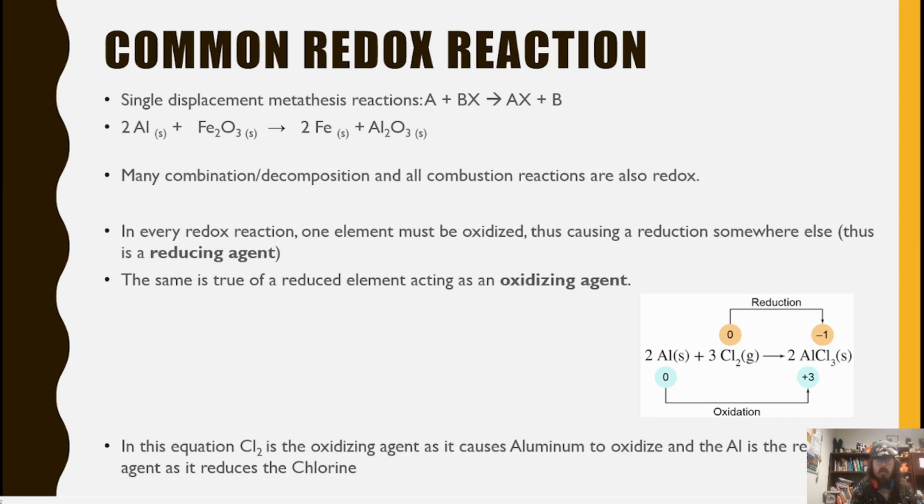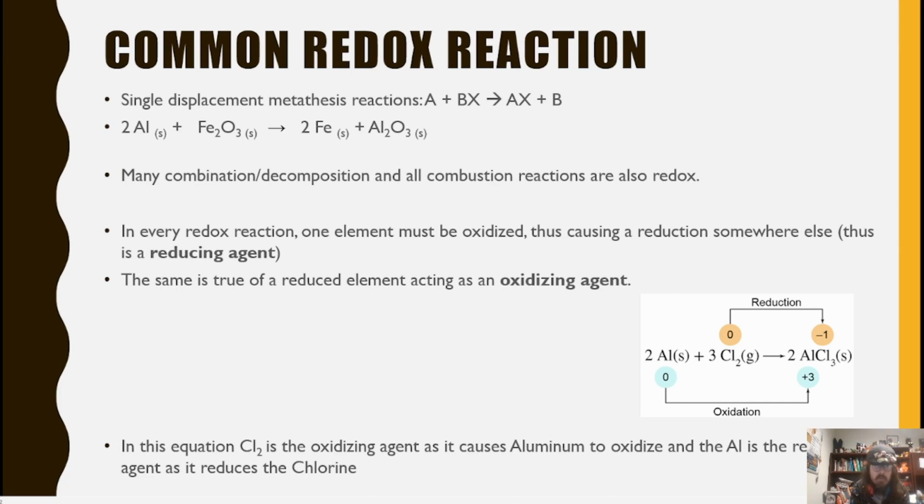So while we have all these great rules that will help us determine whether a redox reaction has taken place, there are some other ways to make our life a lot easier. Whenever we see a single displacement reaction, it is always a redox reaction.